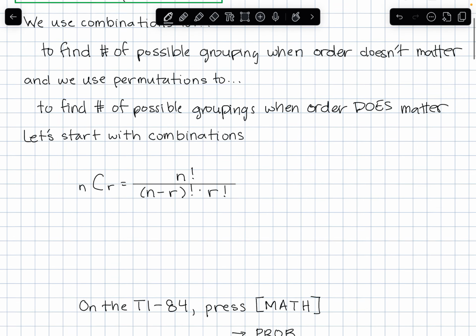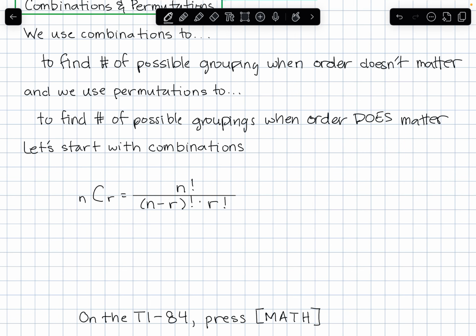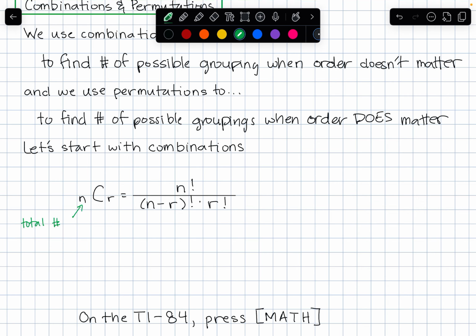So we're going to start with combinations, and we can see here that it says nCr. That's our notation for combination. C is for combination. The n is the total number of items. So in my example of selecting teachers for a committee, n would be the total number of teachers at my school.